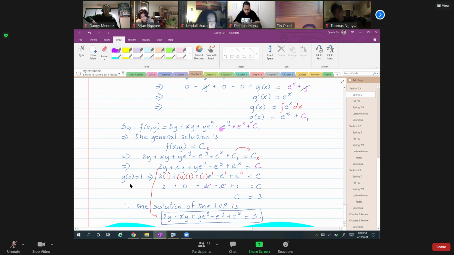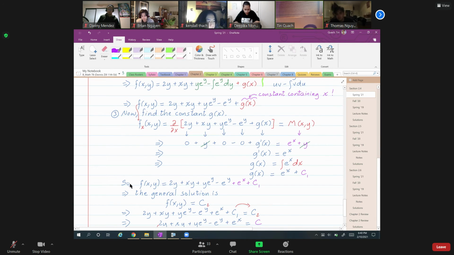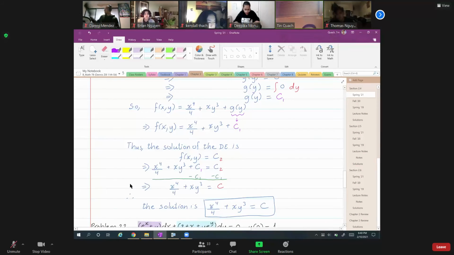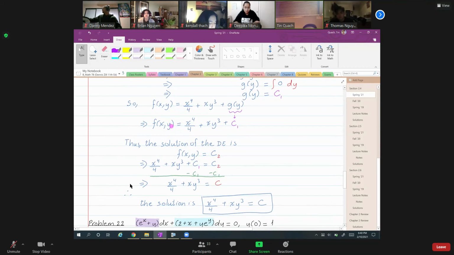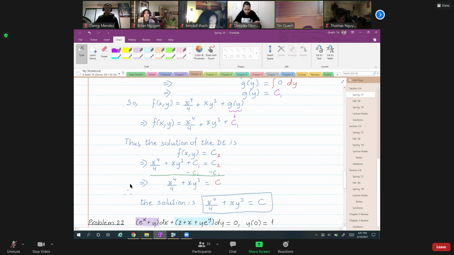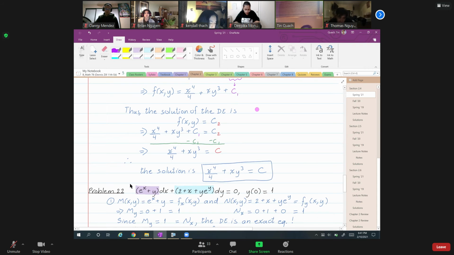Like in example 1, after they get the function, the general solution, they box that and say that's my answer, that is the solution. No, you don't just give me the function as a solution. The solution is supposed to be a function equals a constant. So right here, that is supposed to be the solution, and then from here you simplify to get that.